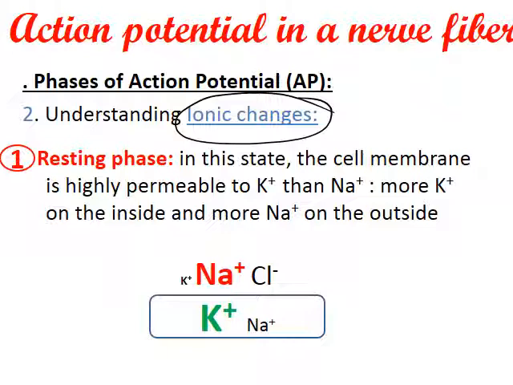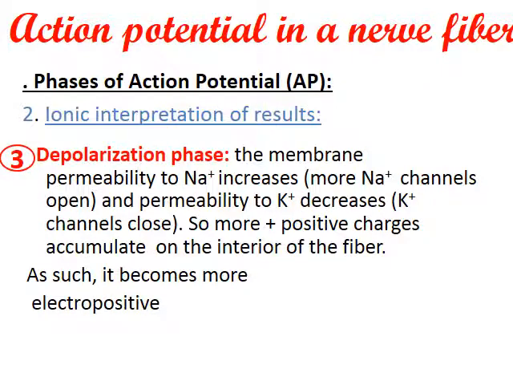Resting phase. In this state the cell is highly permeable to K plus rather than to Na plus, where there is more K plus on the inside and more Na plus on the outside. Continuing with the ionic interpretation, in depolarization the membrane becomes more permeable to Na plus, which increases, and the permeability to K plus decreases.